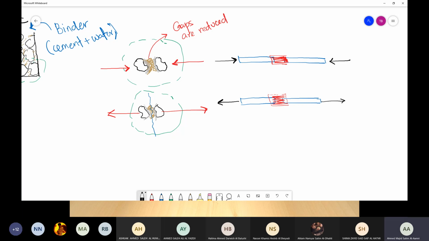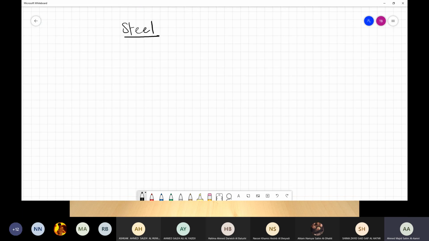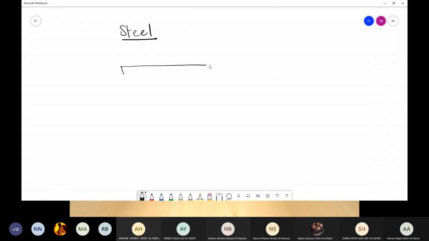Are we okay? Now, on the opposite side, we have tension. We have steel. Steel acts like a steel bar, like one member. You will not see any gaps between the particles.